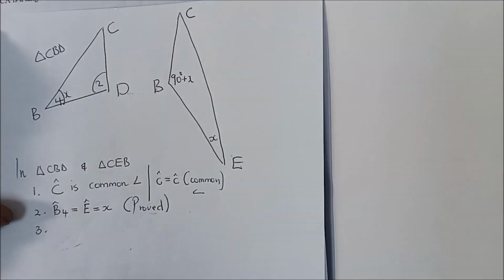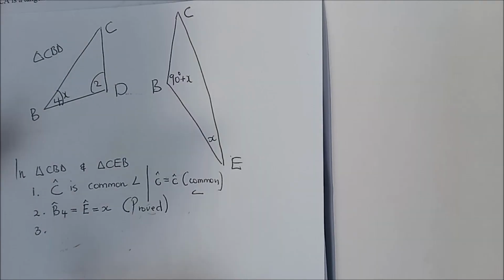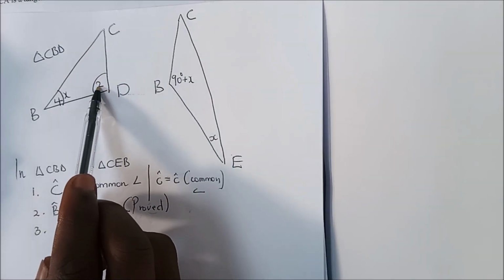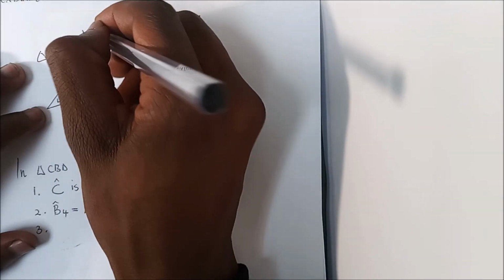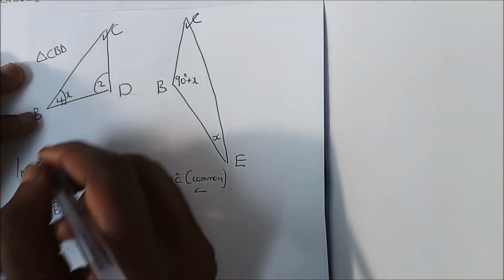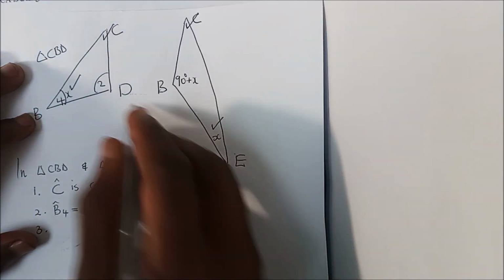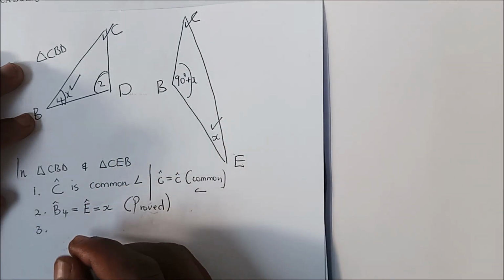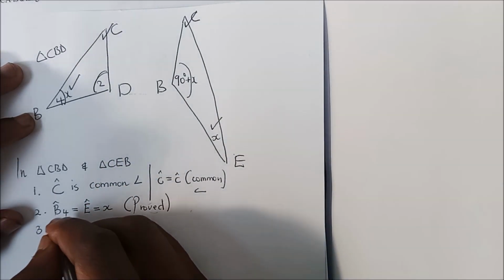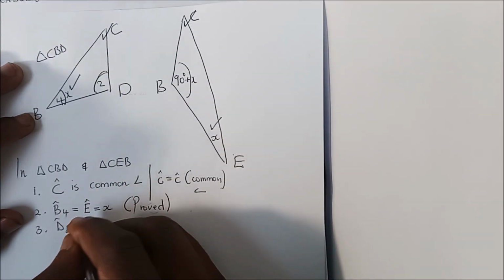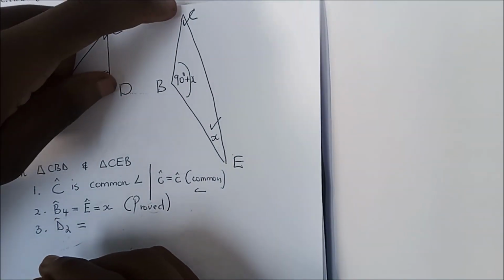So the last condition is this one, with D2. Remember, we're done with C and C, and then we're done with X and X. So we're left with these 2 angles. So we can say angle D2 is equal to angle CBE.